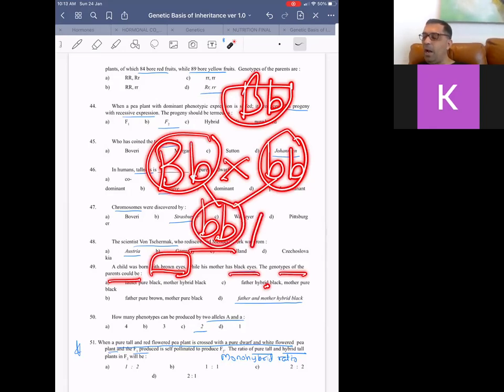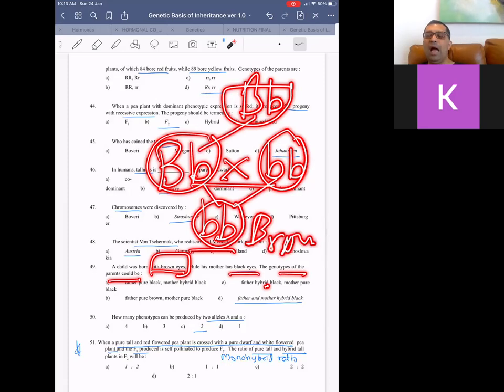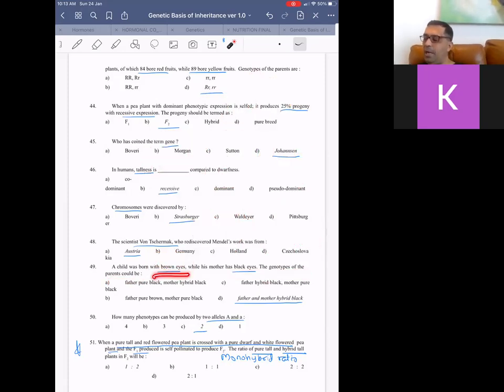The child is with brown eyes, so the mother is hybrid black, and the father is either brown or hybrid black. So what are the options? Can the father be pure black and mother hybrid black? No. Then the child will always be black. Can the father be hybrid black and mother pure black?